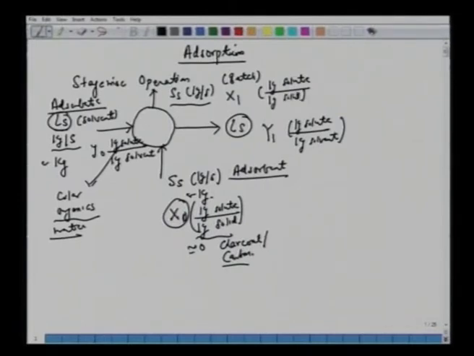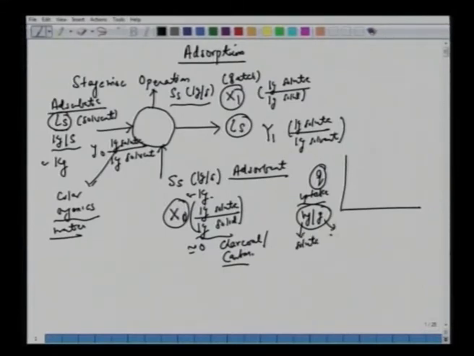Notice this nomenclature, x1 or x0, as given in the textbook, but essentially this is nothing but what we have used earlier also, Q, the uptake. How many milligrams per gram is the most common unit, that is, how many milligrams of solute have been adsorbed per gram of adsorbent.